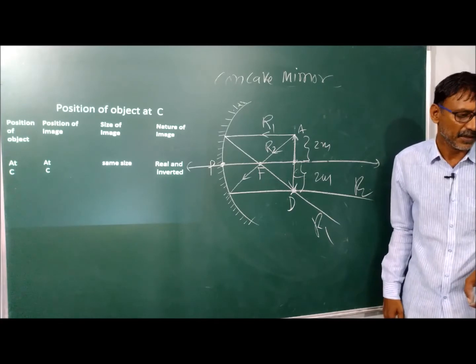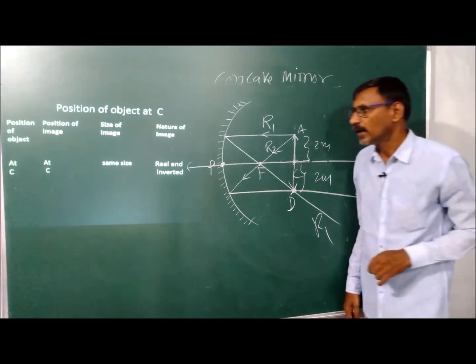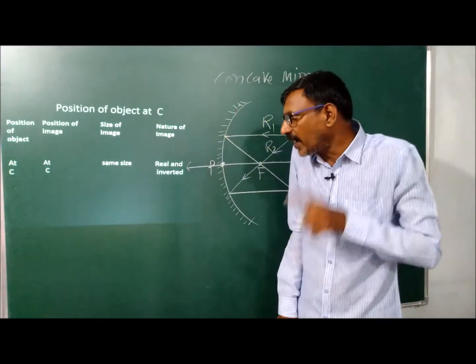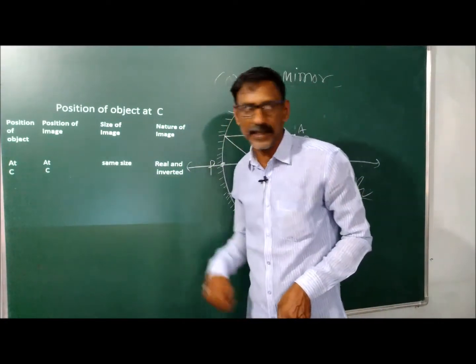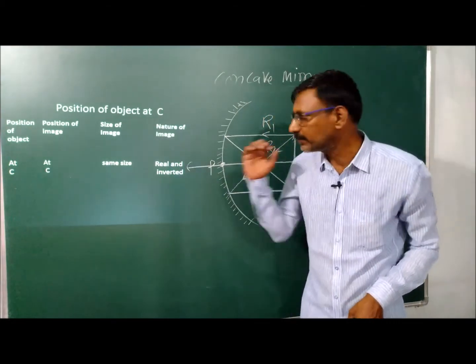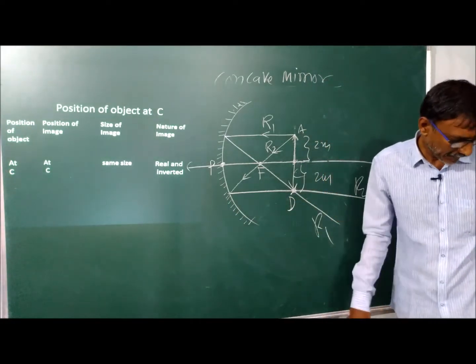Image and object have the same size. Now see here, the position of the object is at C. Again we can catch the image at C, as the size of the image is the same, and it is real and inverted. It's over. Next.